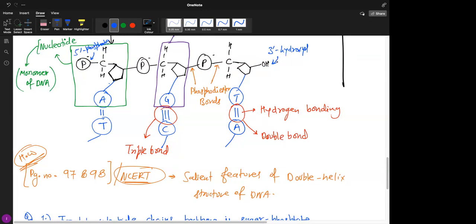And towards the sugar group, there is a hydroxyl molecule, OH, present at the end that will now form a bond with the next phosphate group. So towards the sugar, we call it the 3' end or the 3' hydroxyl end. Is that clear? The polarity is clear. Give me a thumbs up.